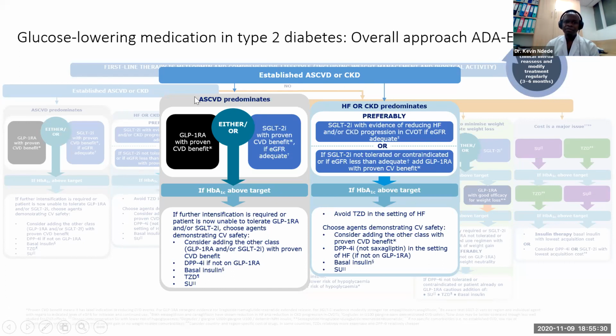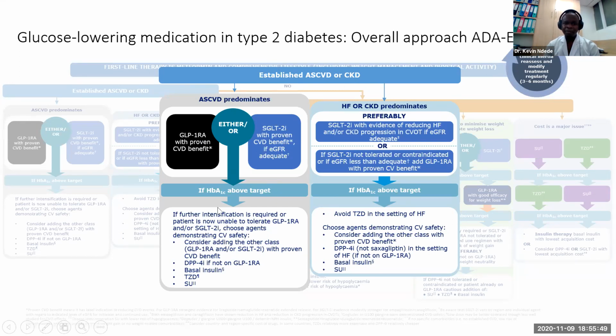Then if the atherosclerotic cardiovascular disease is predominant, then your choices are highlighted to the left. A GLP-1 or an SGLT2 with proven cardiovascular disease benefits are the initial drugs of choice.